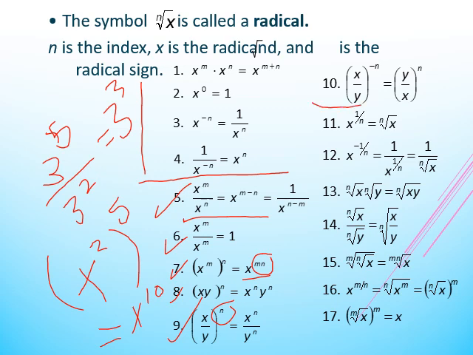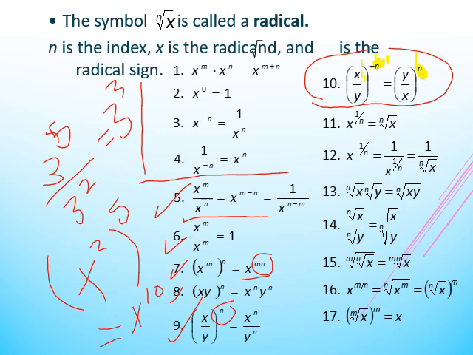And here it's a very simple property, and we will use many examples and exercises, so pay attention. x over y all to the power negative n. We want to get rid of the negative exponent, so we make it y over x all to the power positive n.